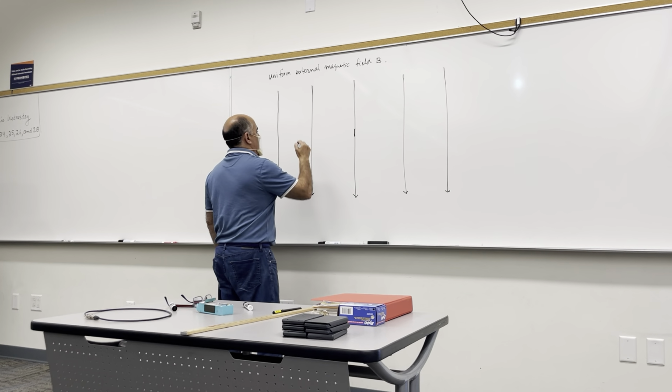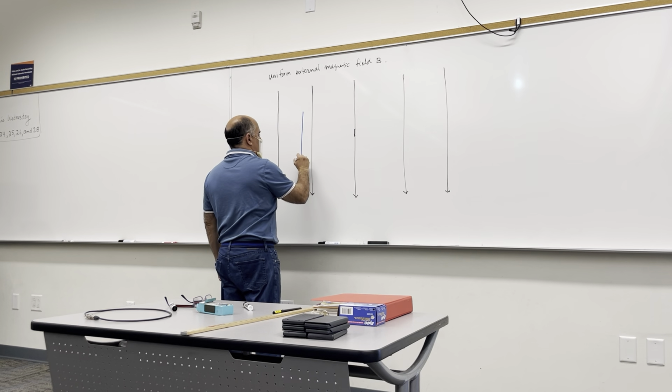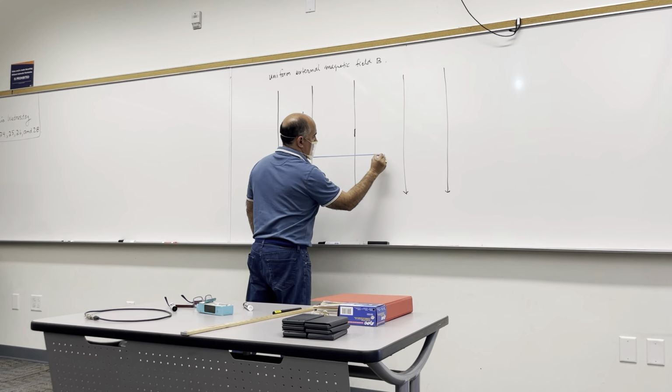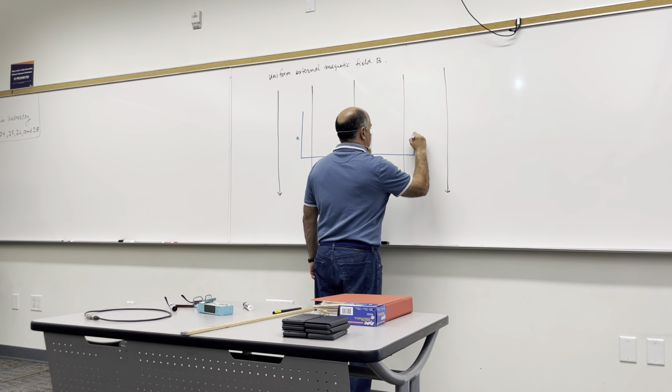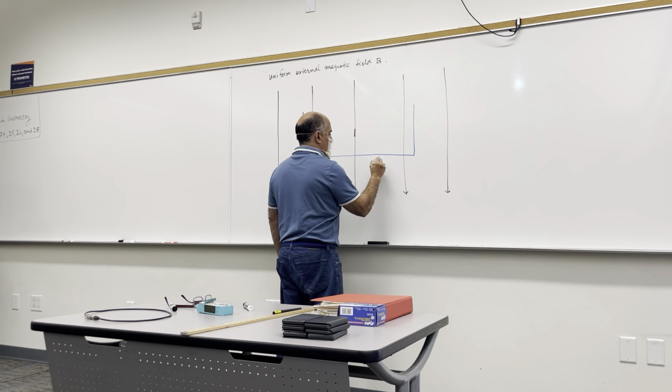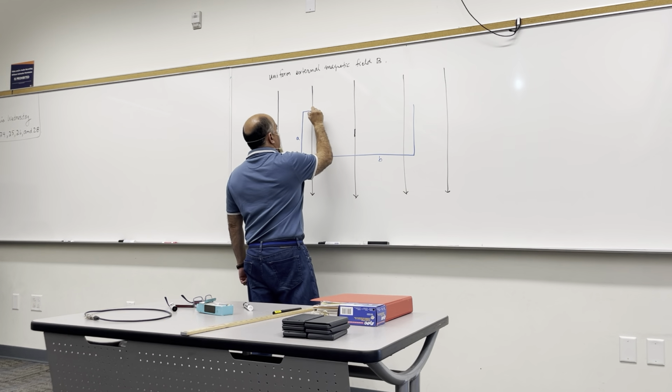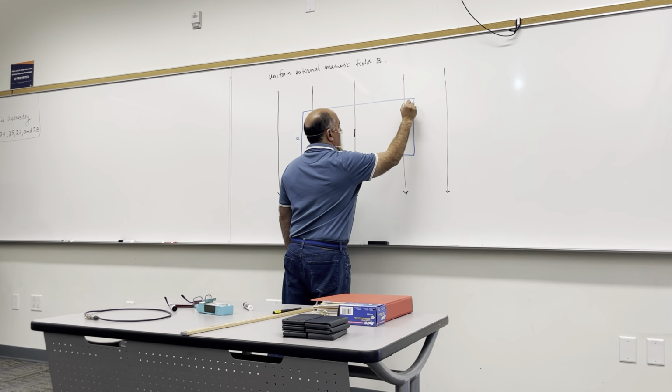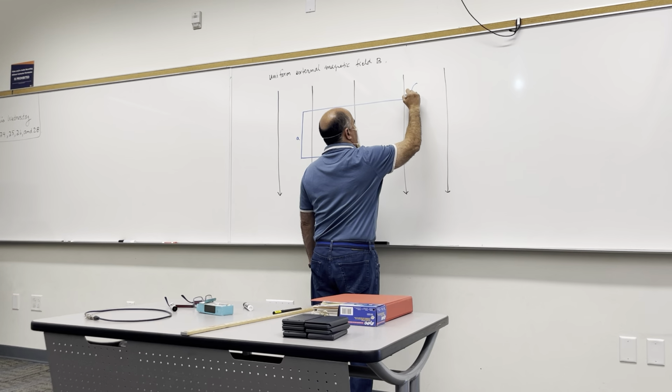So let's call this A in length. Let's call this B in length. So this is just a rectangular loop.